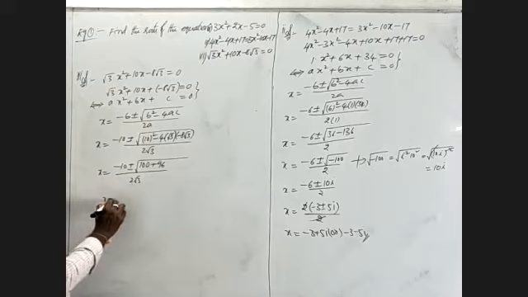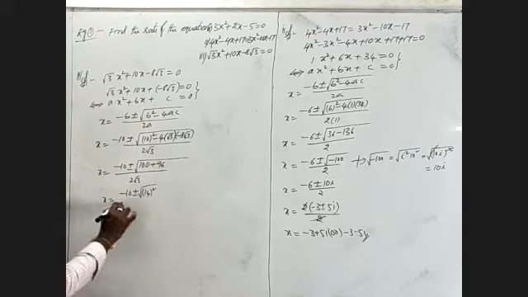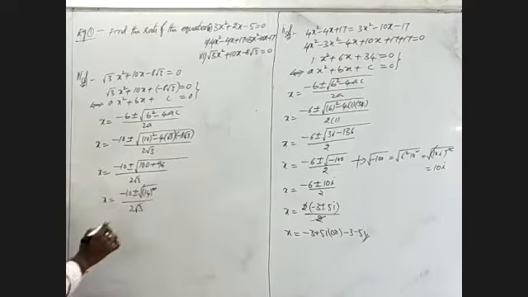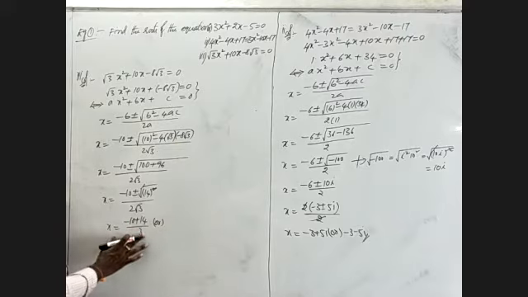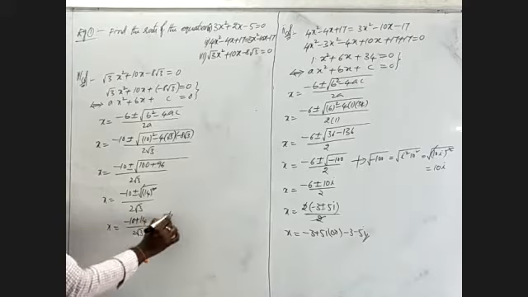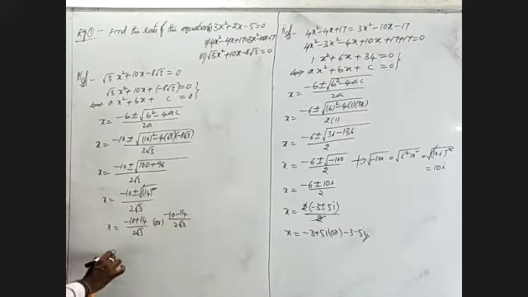That is x = (-10 ± √196) / (2√3), where 196 is nothing but 14². Square and root will be cancelled. Remaining we have to write (-10 + 14) / (2√3) or (-10 - 14) / (2√3).